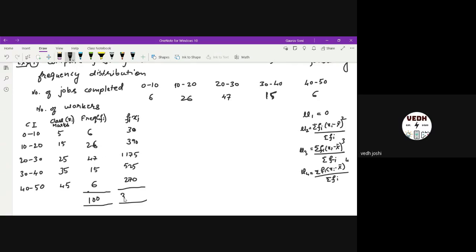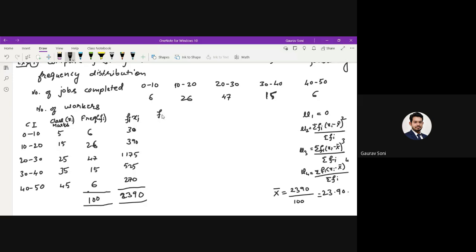So x bar is 2390 divided by 100. So that is 23.90. Now tell me the columns.